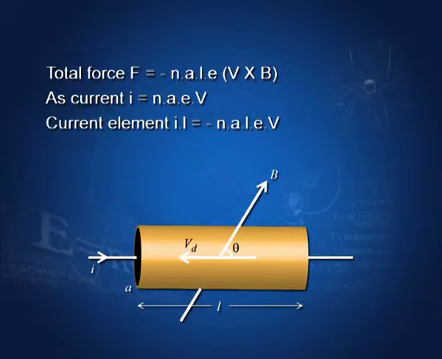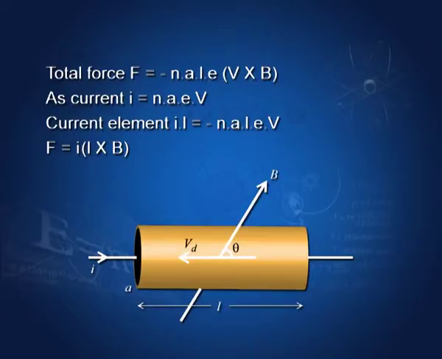So, the current element I L is equal to minus n A L e into velocity. This value of current element we are going to substitute in the force formula, F equals minus n A L e into v cross B. As a result, we get F equals I into L cross B.